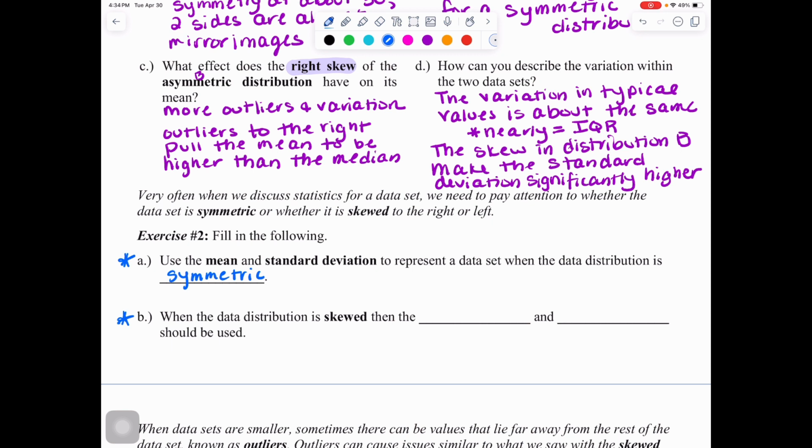And that means your standard deviation is the best way to figure out the variability. When the data distribution is skewed, we want to change what we use. So for skewed distributions, we want to use the median and the IQR. So median is the typical point, IQR is the way we measure that variability. And again, that's something you want to memorize and use as your rule of thumb moving forward.